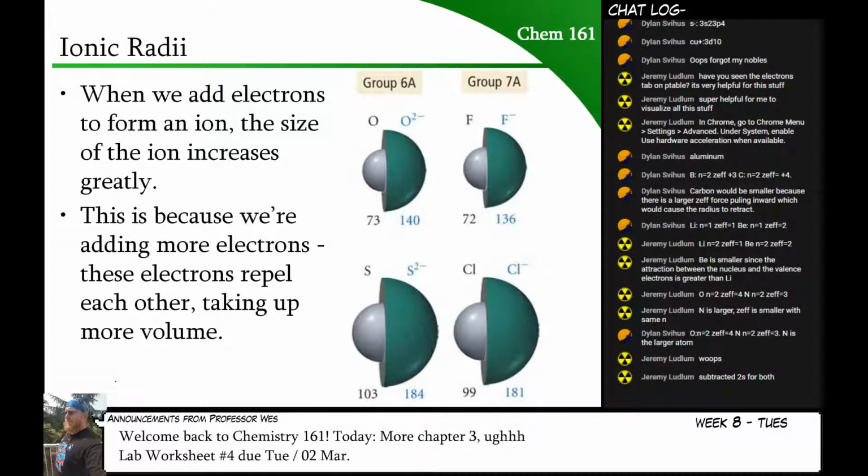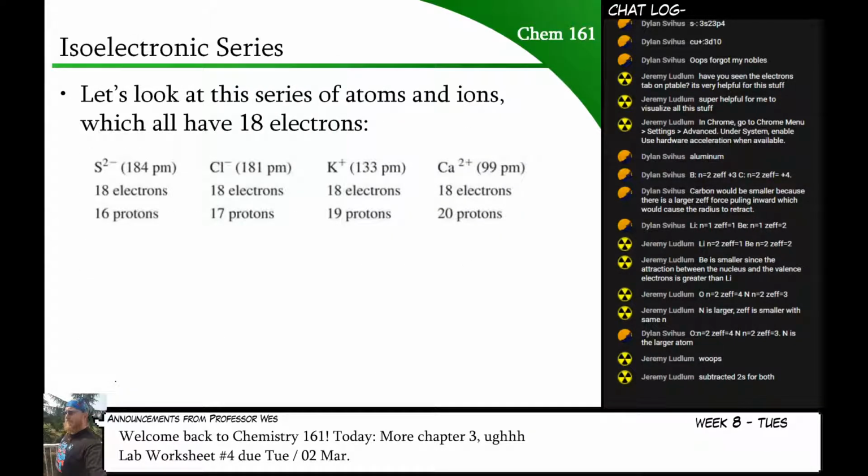All right, so the isoelectronic series here is just a summary of what we've talked about. An isoelectronic series is any cluster of ions or atoms that has the same number of electrons. You can sort their size by number of protons.